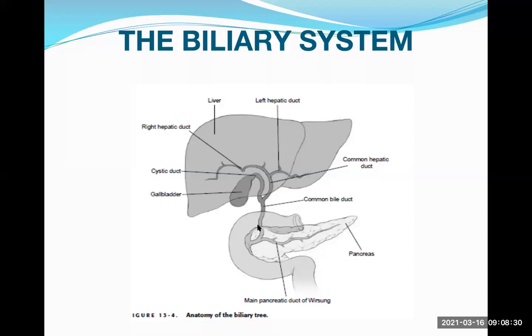Vitamin A, D, E, and K. Very good. Everybody knows that: A, D, E, and K. In the short term, probably nothing will happen, but over a period of time, those vitamins are also not absorbed, leading to multiple vitamin deficiencies. So these are some of the important points regarding the anatomy of the biliary system.